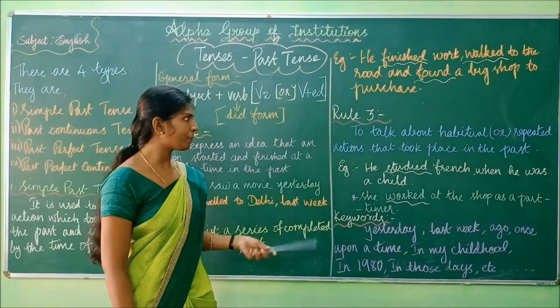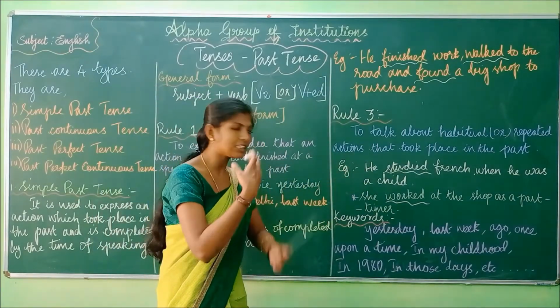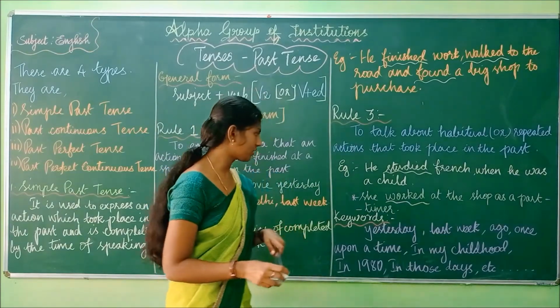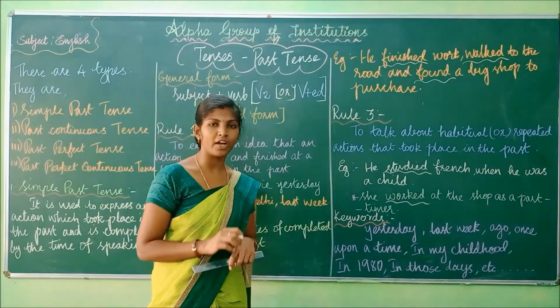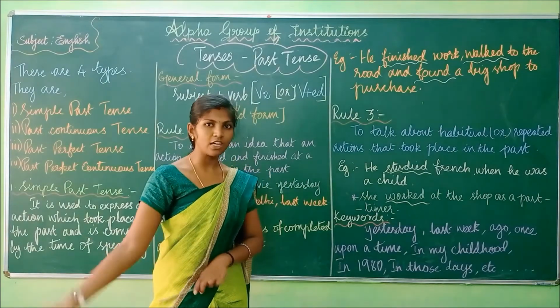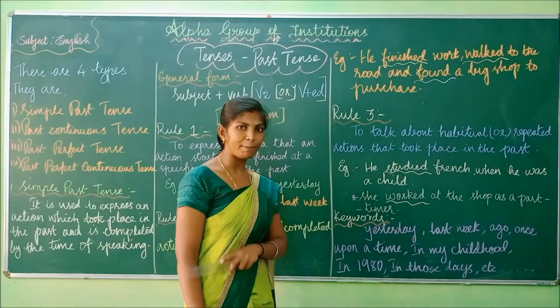So in simple past tense, we have all these rules, and in all these actions, in all these times, we use simple past tense, okay. So there are a few keywords to be found, whether the sentence is past tense or present tense or future tense. Likewise, we have some keywords for simple past tense too.